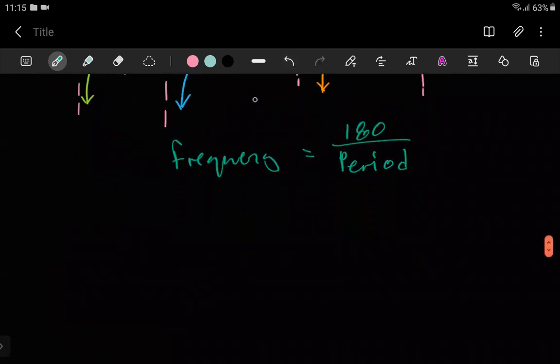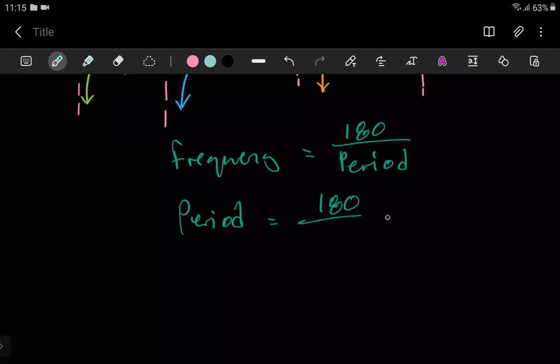And then the other way around. If you want the period, you're gonna say 180 divided by the frequency. You see, that's how this works. If you want period, frequency goes down there. If you want frequency, period is the one that goes down there.